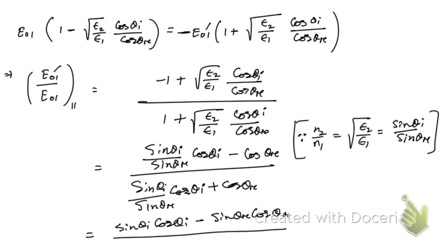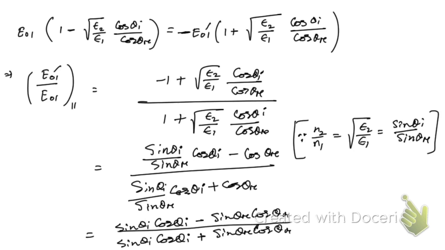Similarly, the denominator will be the same terms, but here it comes with a positive sign. Let me write this one here. So we're going to get this, but here it will be positive, right?